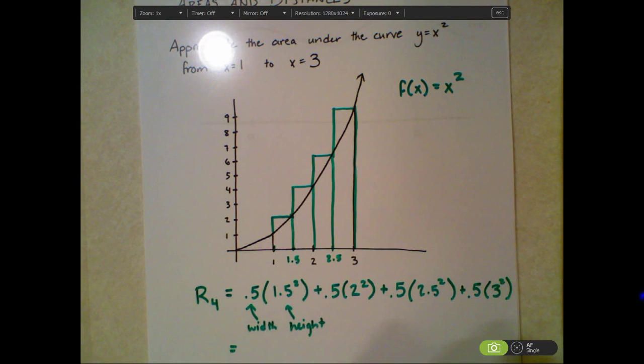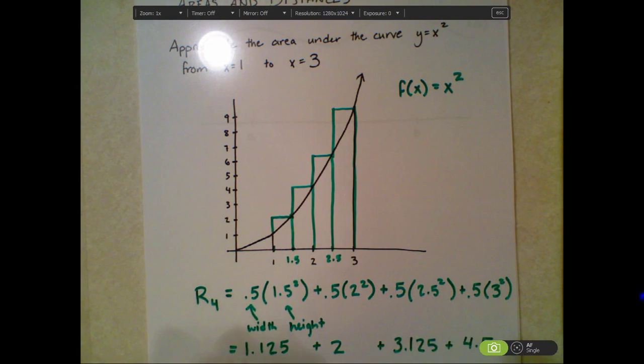Instead of doing all that work, maybe I'll write that out. So 1.125 is the first rectangle's area, and then 4 divided by 2 is the second rectangle, and the third rectangle is 3.125, and the final rectangle is 9 divided by 2, which is 4.5.